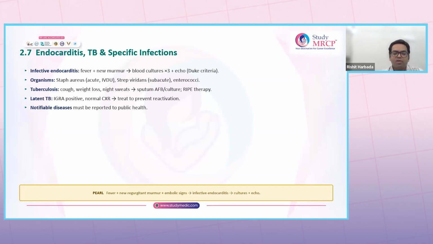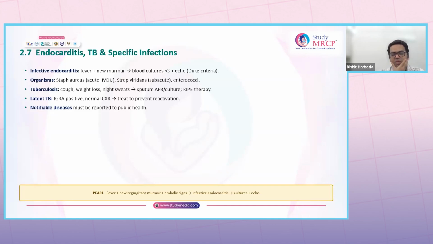In prosthetic heart valve, if it is less than 1 year, then it is most often Staph epidermidis, aureus, etc. And if it's more than 1 year, then it's similar to the native valve, which is very, very common. Now, in right-sided endocarditis, you are going to have mainly IV drug abusers, so you will be given a history. Usually the tricuspid valve is most commonly affected, and patients can present with cavitary lung lesions or cavitary lung abscesses or pulmonary emboli.